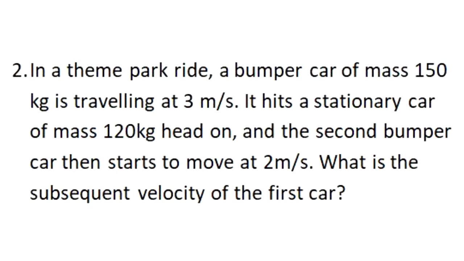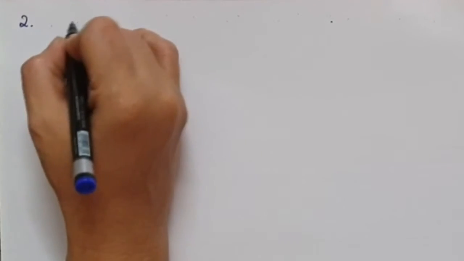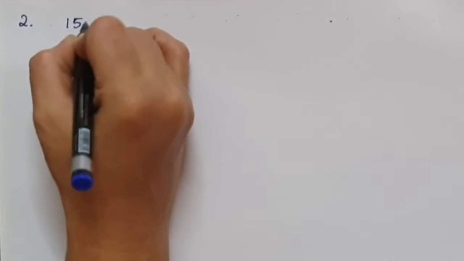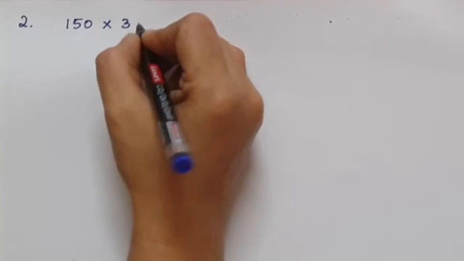Second question. In a theme park ride, a bumper car of mass 150 kg is traveling at 3 meter per second. It hits a stationary bumper car of mass 120 kg head on, and the second bumper car then starts to move at 2 meter per second. What is the subsequent velocity of the first car? Now this bumper car's mass is 150 kg, 150 into 3.